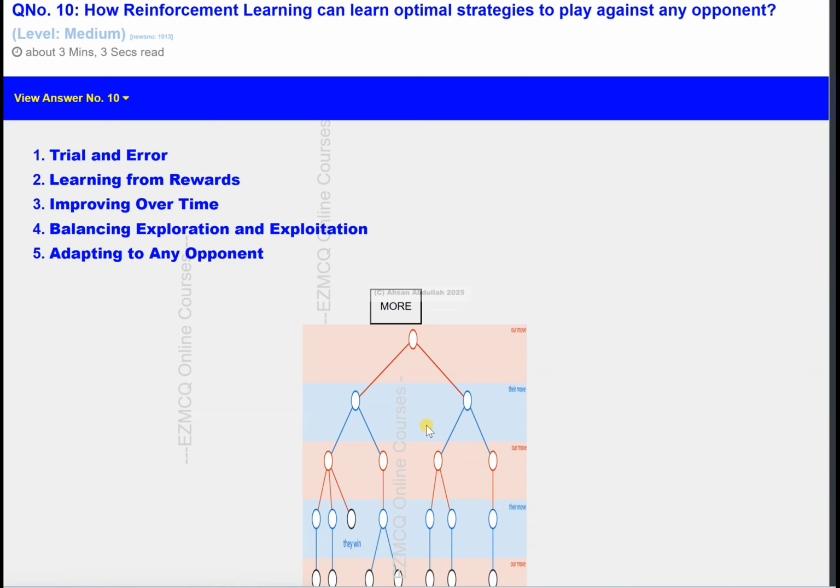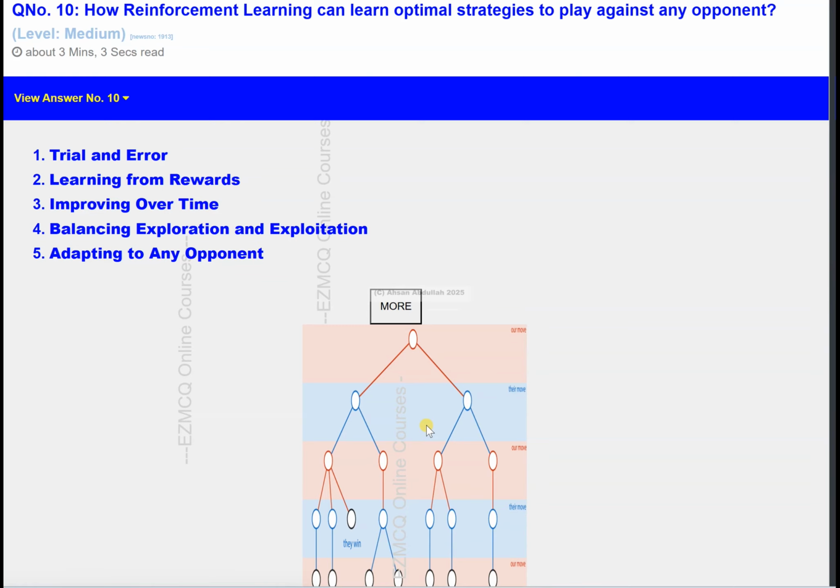This is a continuous improvement process, and through it the agent develops policies which are increasingly effective because experience is added to them.